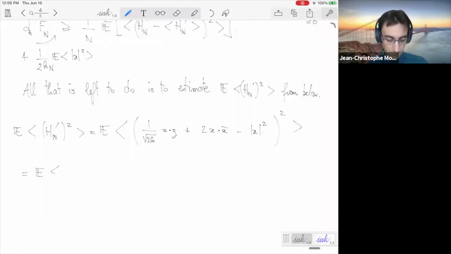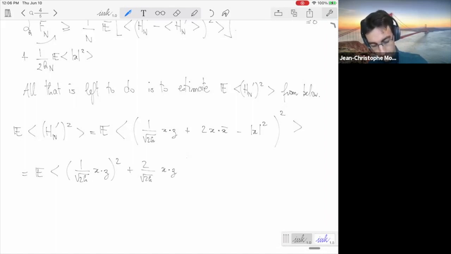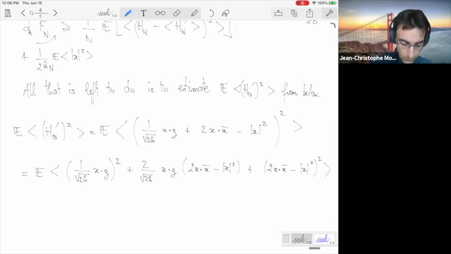First the square term, then the cross product, and then the square of the last guy. Okay, so far so good.